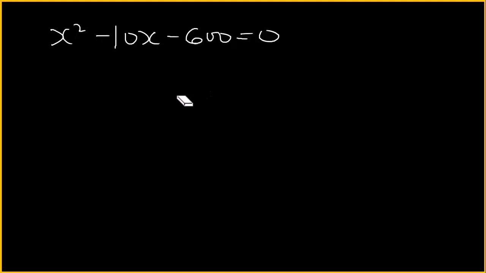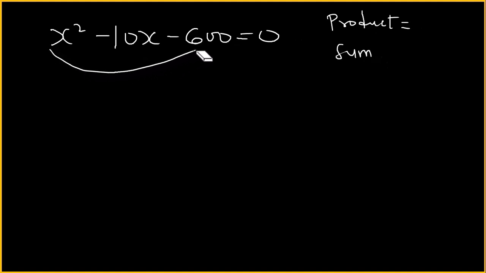Now let's find the product and the sum. With the product, the coefficient of x squared, which is 1, by the constant term negative 600, gives us negative 600.